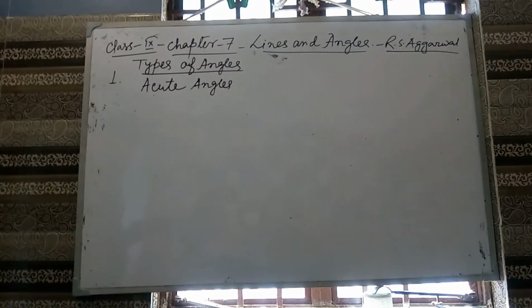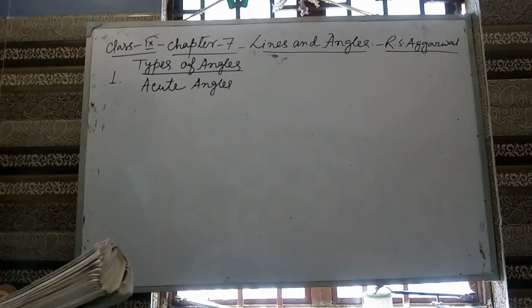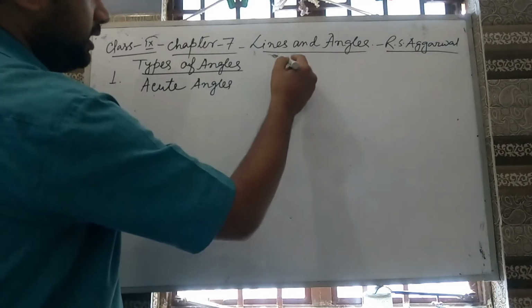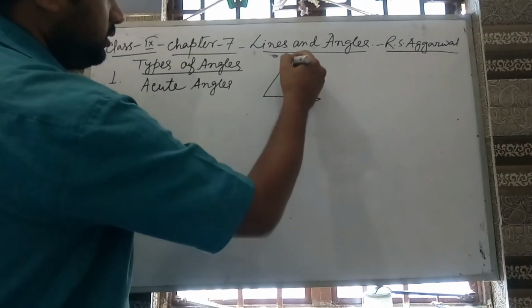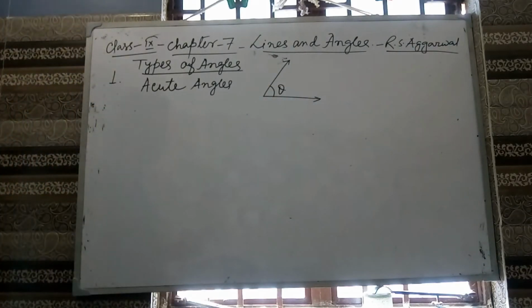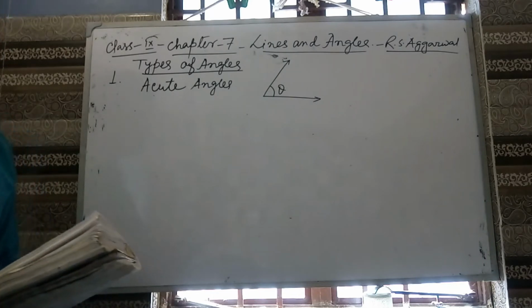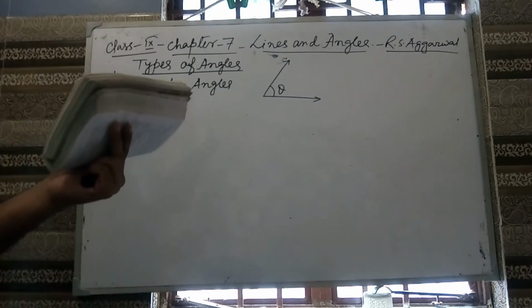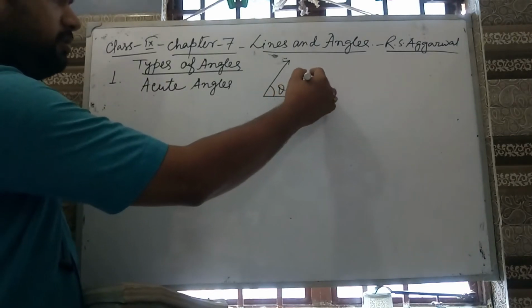Acute angle means if the value of any angle is greater than 0 degree but less than 90 degree. Suppose this is an angle theta. We usually denote angles by theta, alpha, gamma, phi, etc. You can also write the angle as x degree.